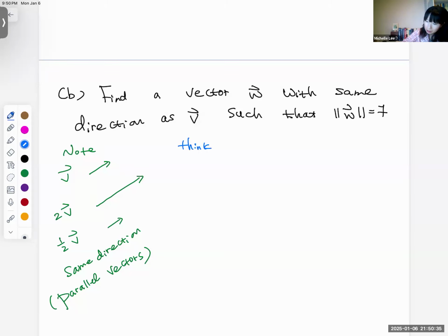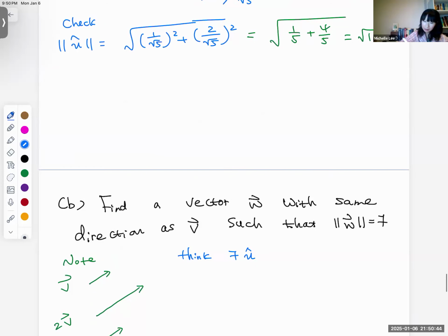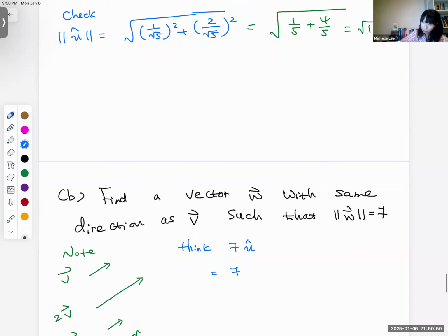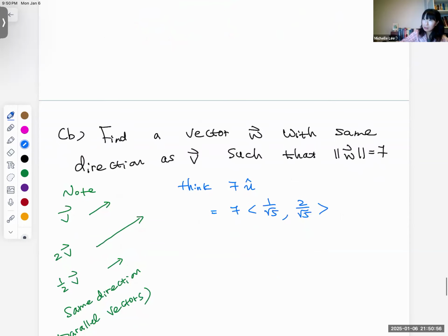7 times the unit vector of that. Then we have 7 times u. u was (1 over square root of 5, 2 over square root of 5), right?